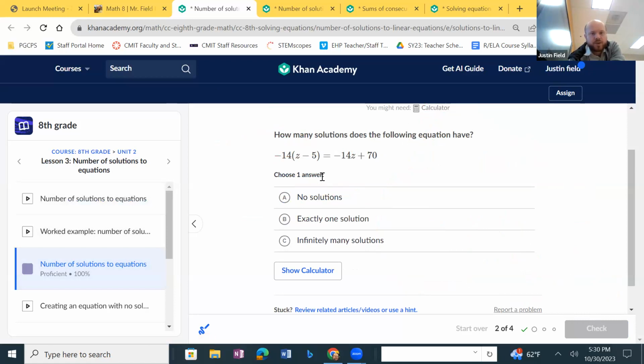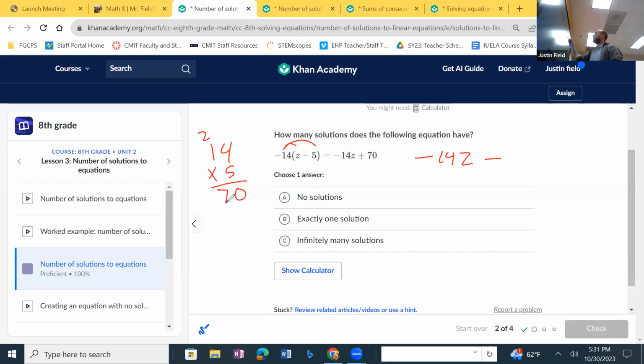Okay, so now let's do this one. So again, it's not like you're going to have to distribute every time, but here we see distributing again. So we have negative 14z minus 5 times, so 5 times 4 is 20. 5 times 1 is 5 plus 2 is 7, so 70.